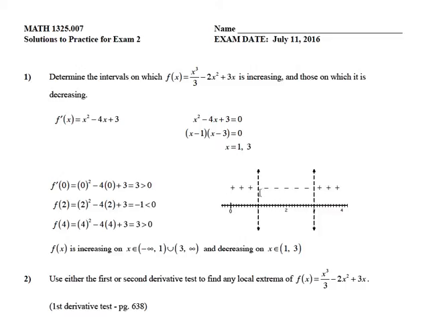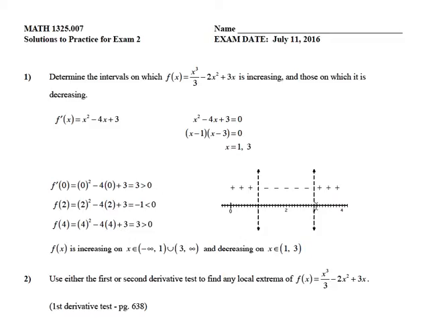In this interval, 1 to 3, we choose 2. I evaluate the derivative here at 2. 2 squared, which is 4, minus 4 times 2, which is 8, plus 3. All that adds up to negative 1. So negative 1 is less than 0, and so on this entire interval from 1 to 3, the derivative is negative.